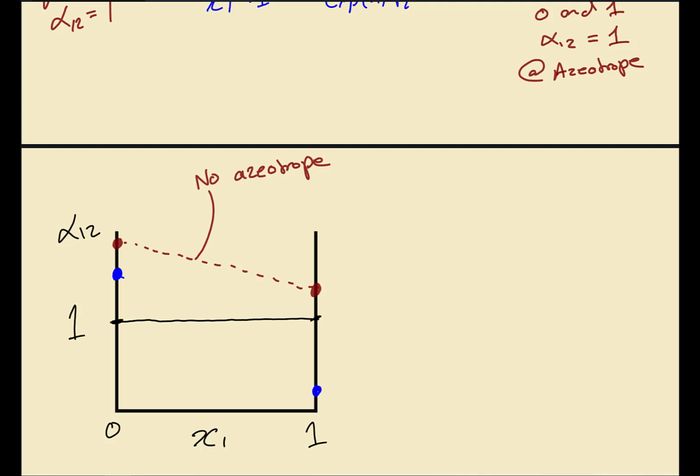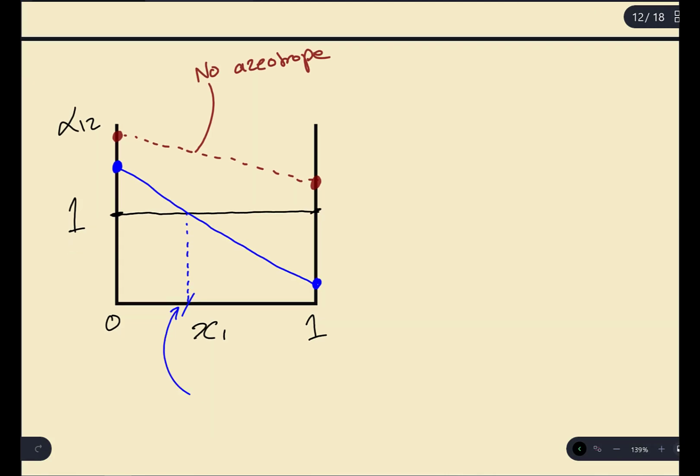If I draw a straight line, somewhere along that line, I cross the 1. At this composition, we would have the isotrope. Okay, so this would be here. Isotrope composition.